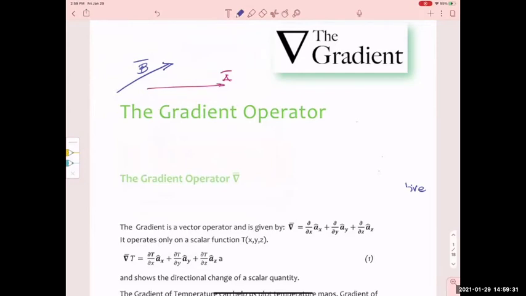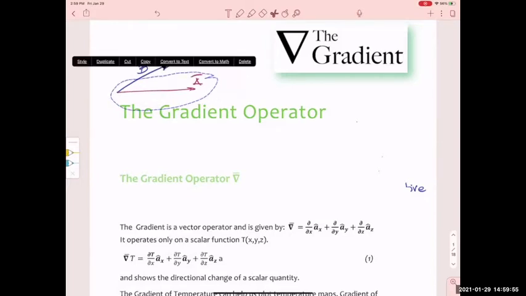And I'm asking you, first of all, to add them. What would you do first before you add them? We have to translate one or the other so they come to a common point, all right? So I can take this one here and move it there. That's what I would do.